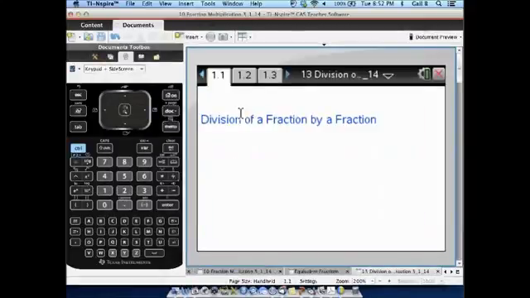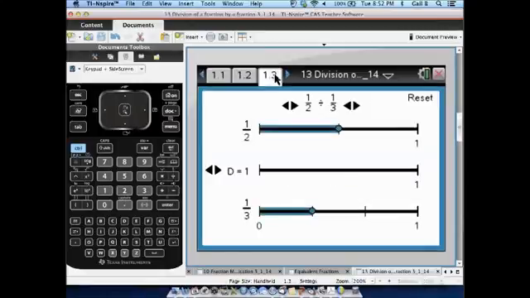All right, so the approach here is actually pretty simple. If I want to divide, let's say 2/5 divided by 2/3, remember the students have had several exposures to finding equivalent fractions in very different forms.